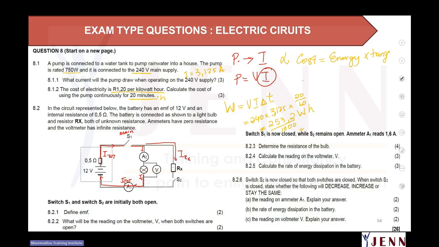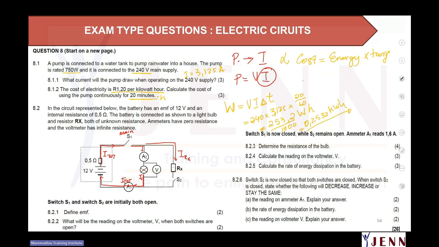So when you divide it then with 1,000, it gives us 0,2532 kilowatt hour.